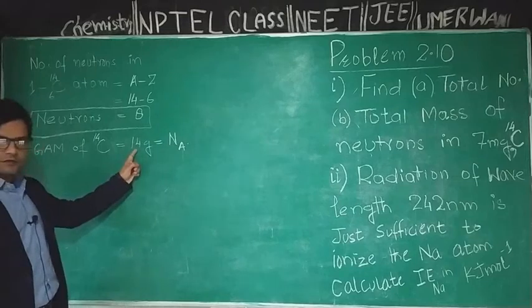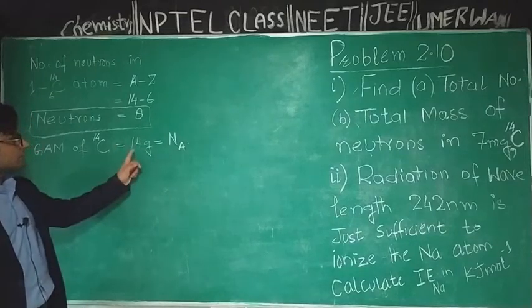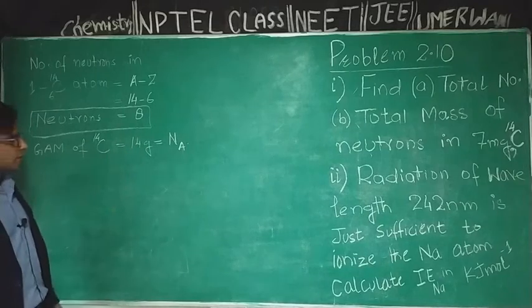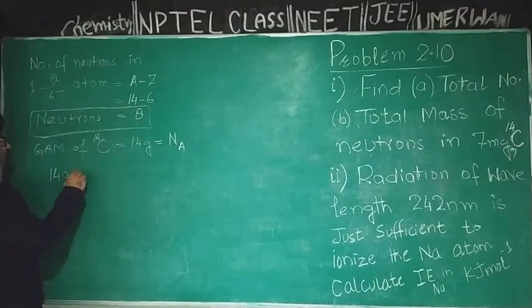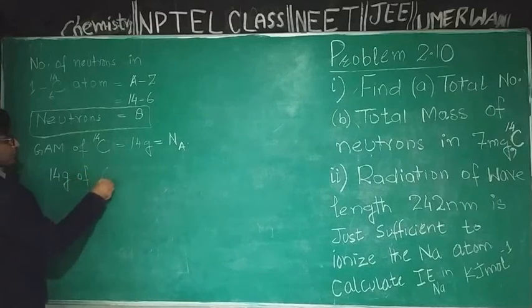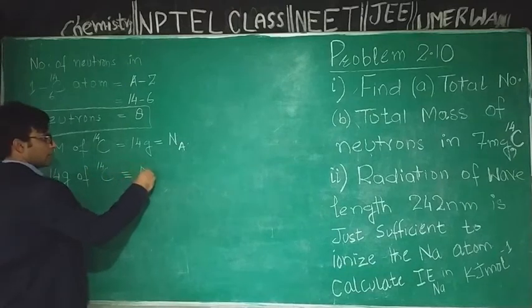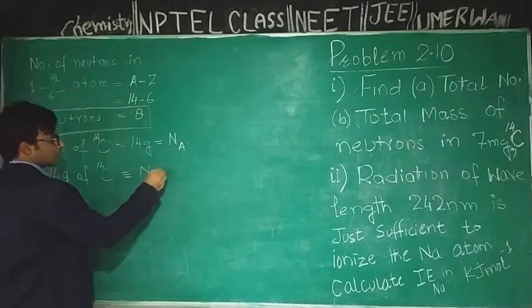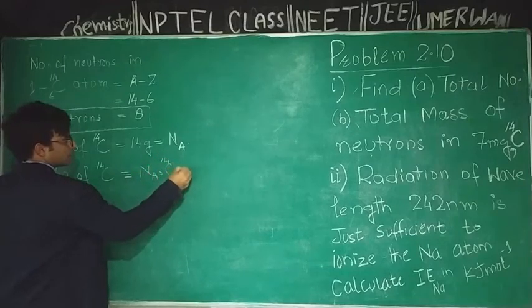I will use this information in order to calculate the number of carbon 14 atoms in its 7 mg weight. I will write 14 grams of carbon 14 contain Na carbon 14 atoms.